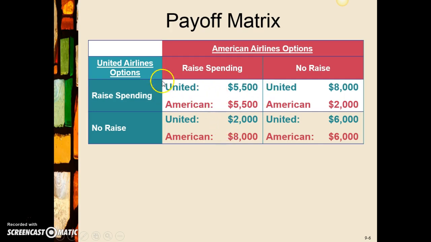So what's going to happen is both companies are going to raise their spending. They're both going to play their dominant strategy, and the resulting payoffs are going to be $5,500 for each firm. Now notice if they had each not raised their spending, they would have got a better payoff. And this is what's called the prisoner's dilemma.